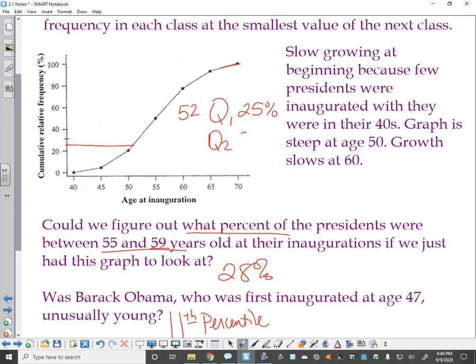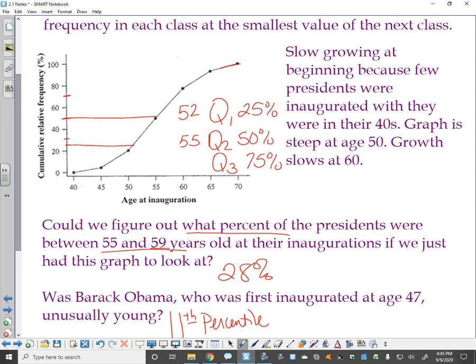Q2 is going to be the 50th percentile or the median, maybe 55. Q3 is the 75th percentile.